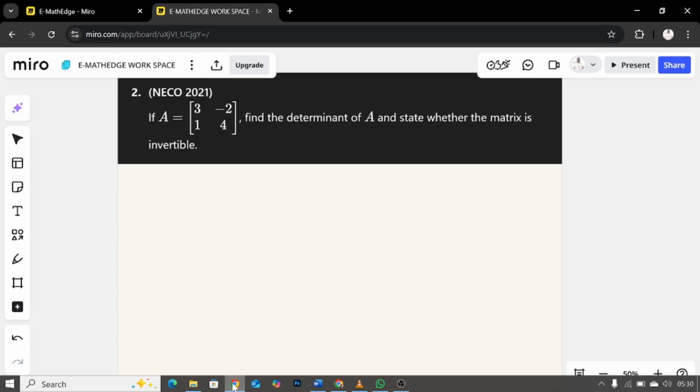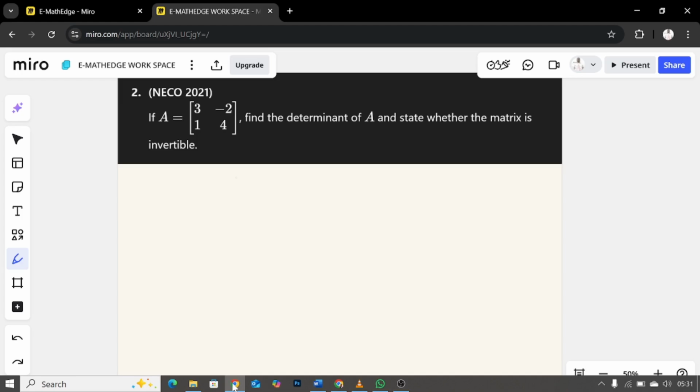So these are NECO questions for 2021. Now the question says, if A is a matrix which is 3, -2, 1, and 4, find the determinant of A and state whether the matrix is invertible. So in this case, you are asked to do two things.